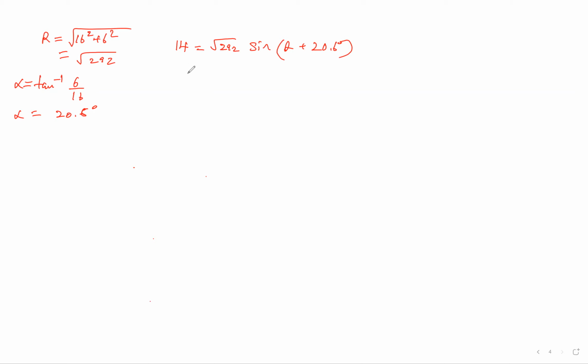So bring this over, become 14 over square root 292 equal to sine theta plus 20.6. The rest is all just standard way of calculation. Find your alpha first, basic angle or reference angle. That should be, I think, 55.0 degrees.